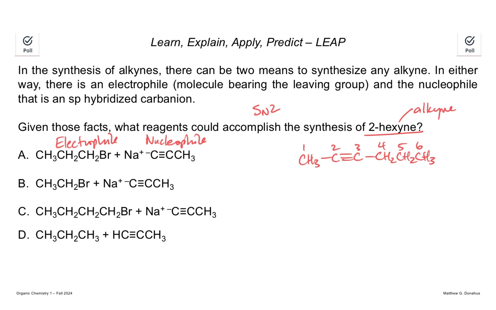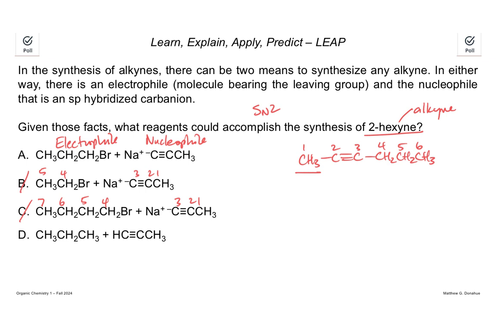So if we start numbering, the methyl group is sort of our start point. There is 1. So 1, 2, 3. This would have to be carbon 4, 5, 6, 7. So that's too many. Choice B, 1, 2, 3, 4, 5.